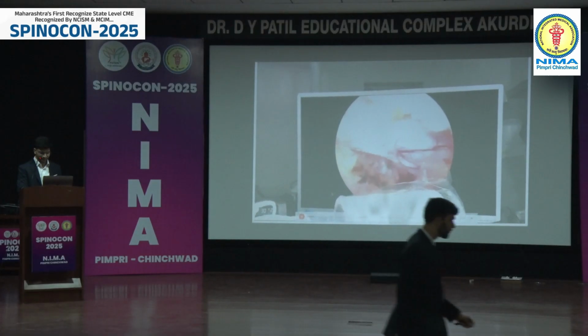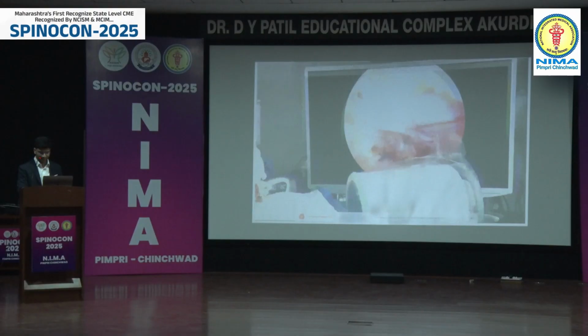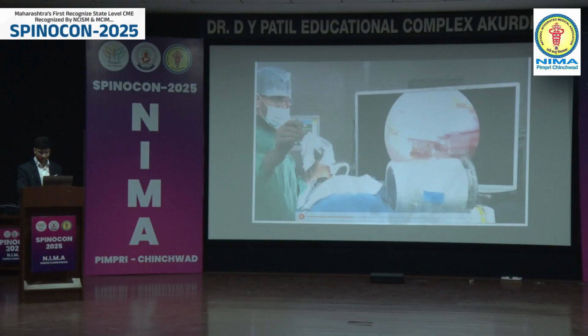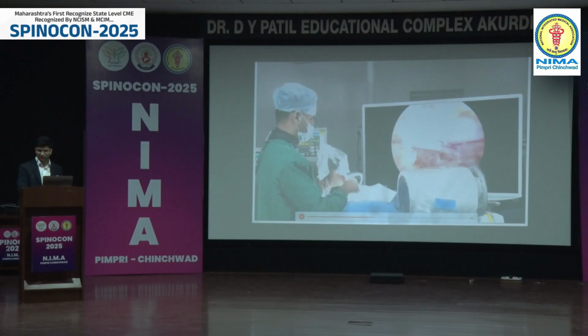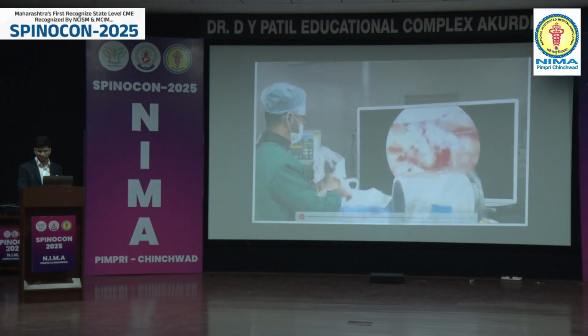You see here, this is the cord here. You can see each and every vessel on the cord very clearly. And this is the disc space here. With this kind of visualization, the chance of injury to the cord or nerve root is close to 0.